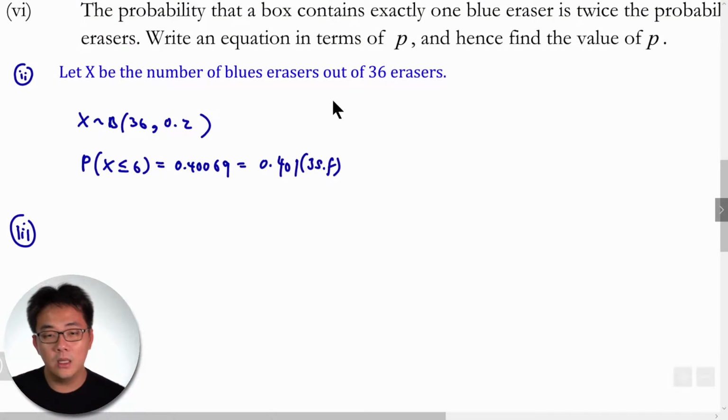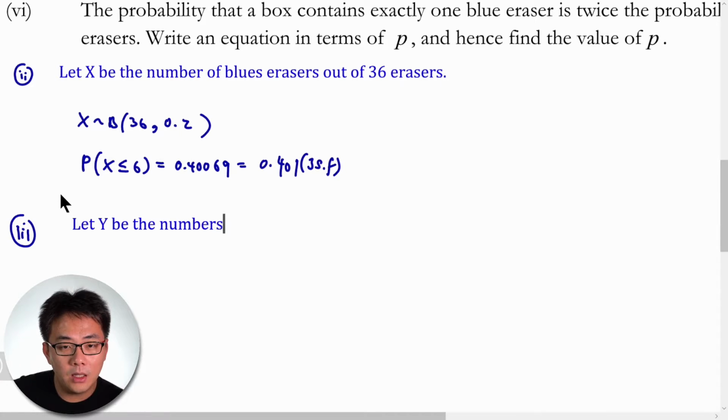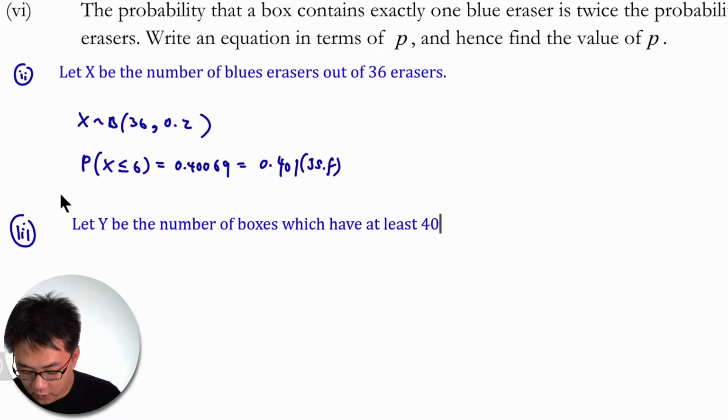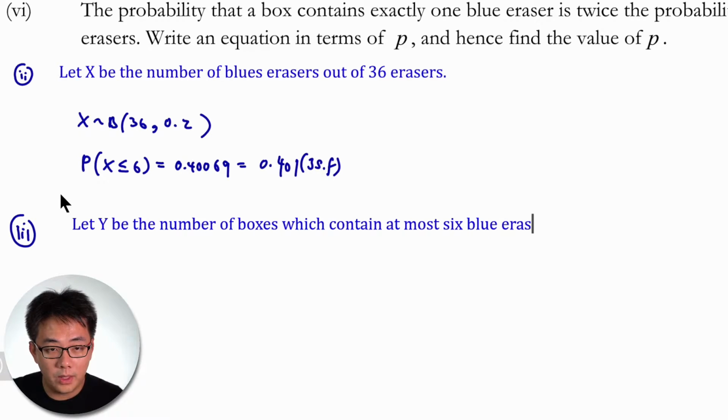So part 3 here, you just have to be clear. I'm just going to let Y be the number of boxes which contain at most 6 blue erasers out of the 200 boxes.